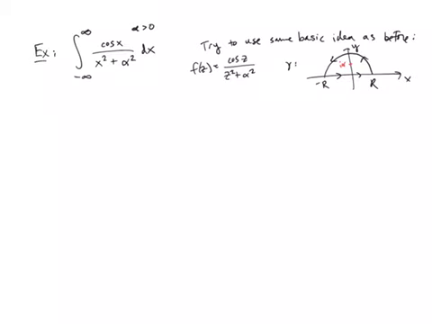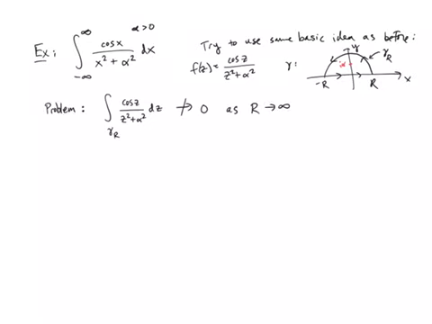So the problem here, let's again say that this upper half circle is gamma sub r. The problem with this approach is that the integral along gamma sub r of cosine of z over z squared plus alpha squared dz does not go to 0 as r goes to infinity.